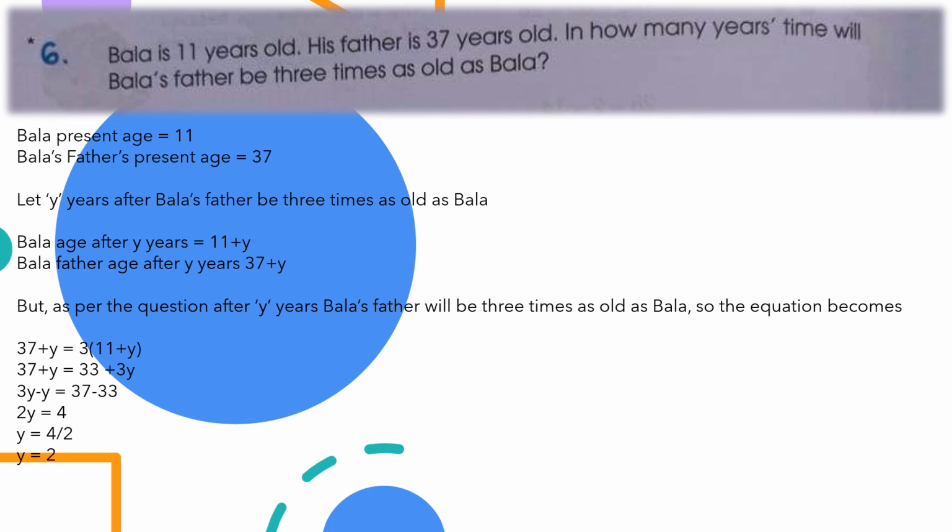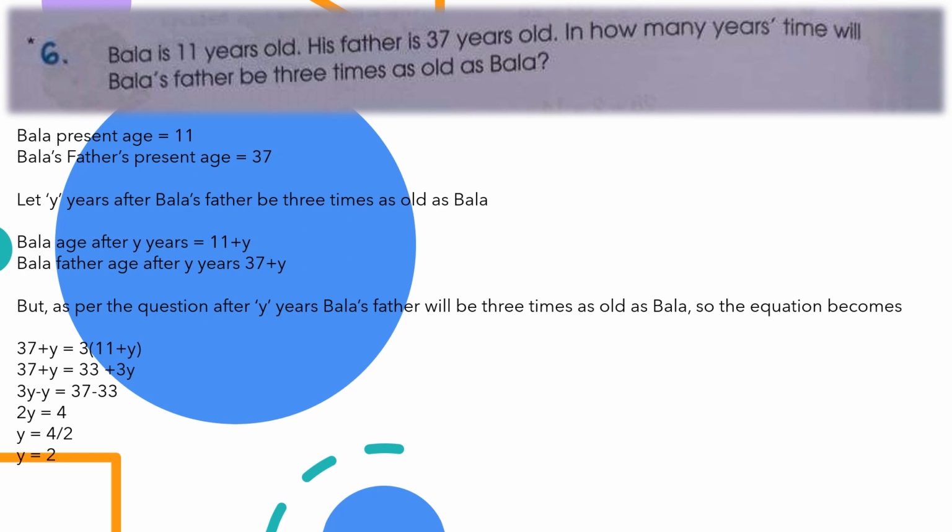But as the condition says that after y years, Bala's father will be 3 times as old as Bala, our equation becomes 37 plus y is equal to 3 times (11 plus y).